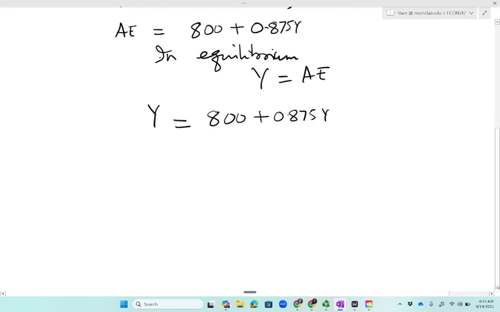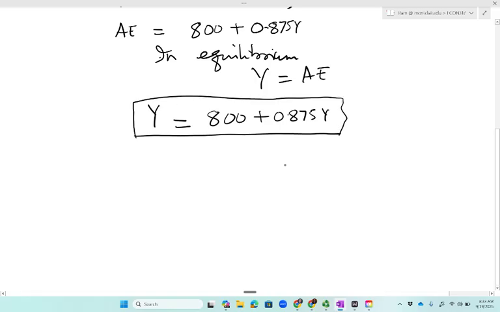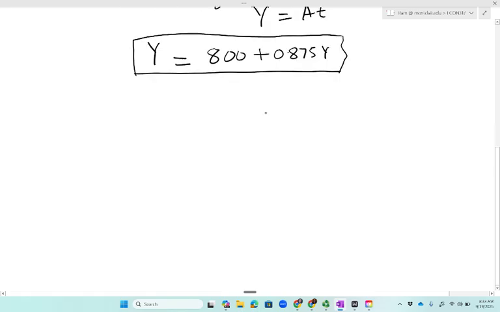Now we have one equation and one unknown, which is y, so we should be able to solve. I will collect all the unknowns on the left hand side. There is only one constant on the right hand side, 800.